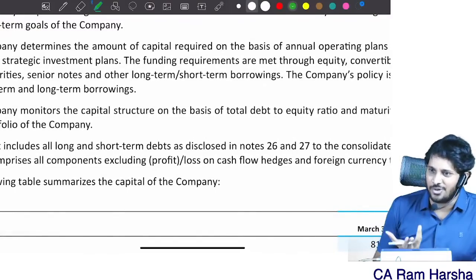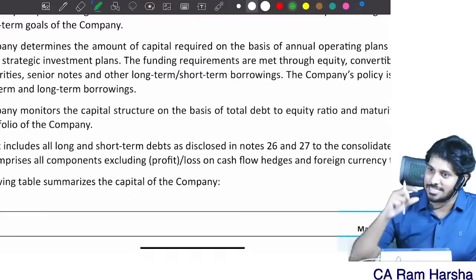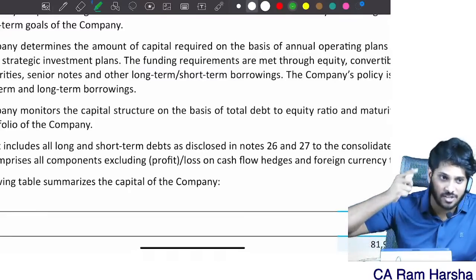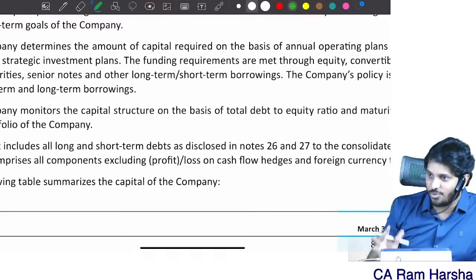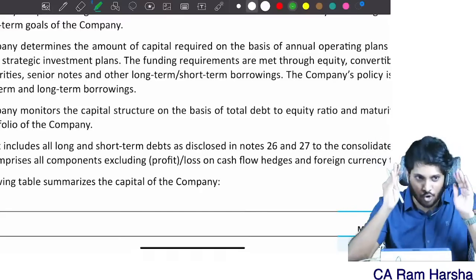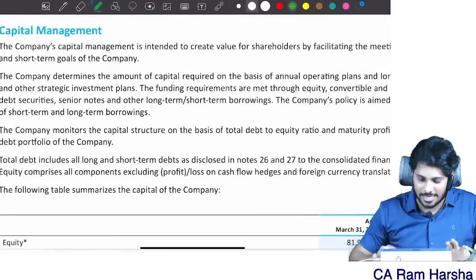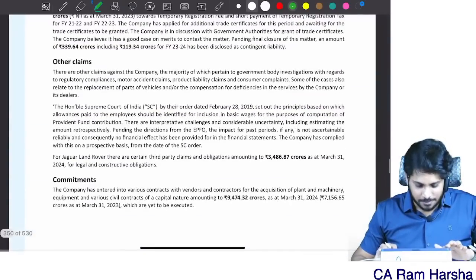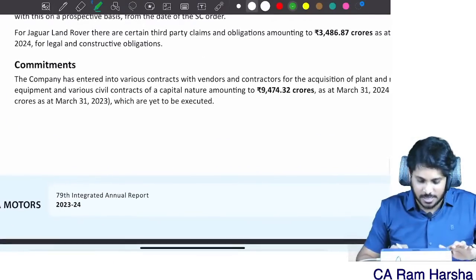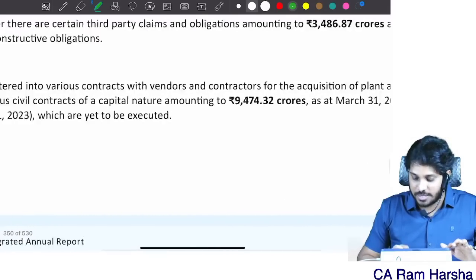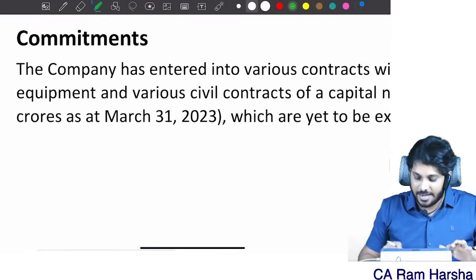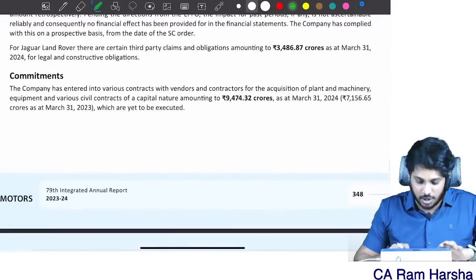You don't understand, no. It's not that easy to understand the financial statements unless you have knowledge of Ind AS and a holistic understanding of the subject. Only then will you understand any company's notes to accounts clearly. Some note points, no. Commitments. What is this? The company has entered into various contracts with vendors and contractors for the acquisition of plant and machinery and various civil contracts which are yet to be executed.